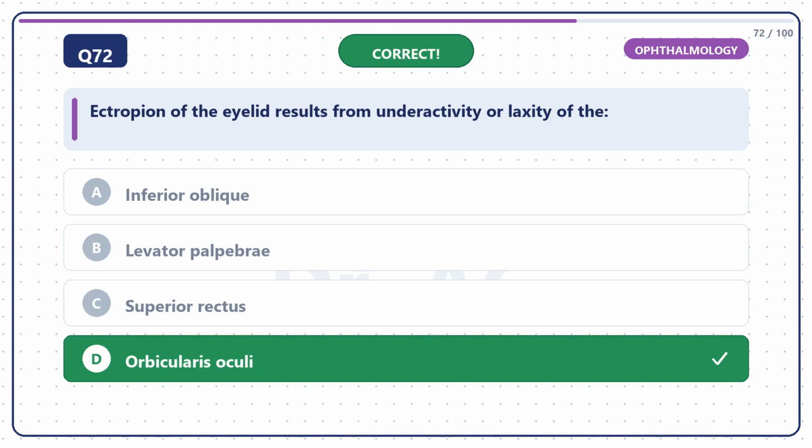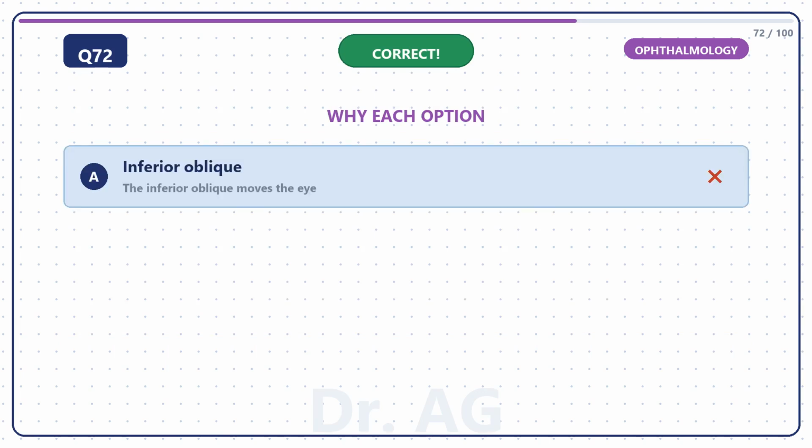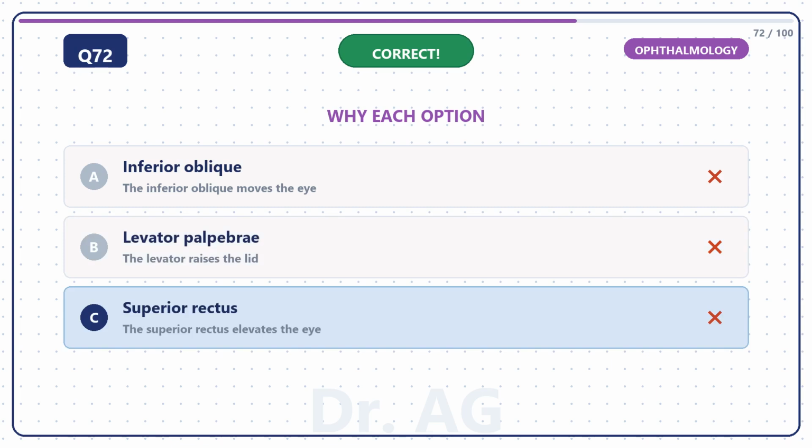The correct answer is option D, orbicularis oculi. Let's go through the options. Inferior oblique. The inferior oblique moves the eye. Levator palpebrae. The levator raises the lid. Superior rectus. The superior rectus elevates the eye.